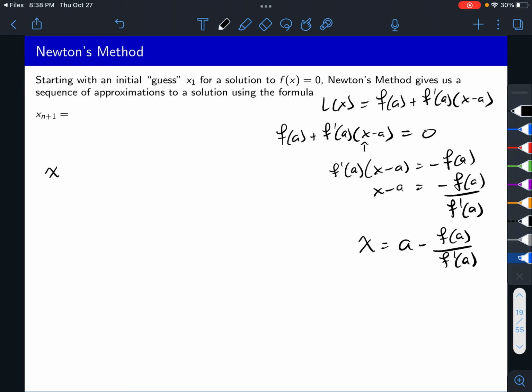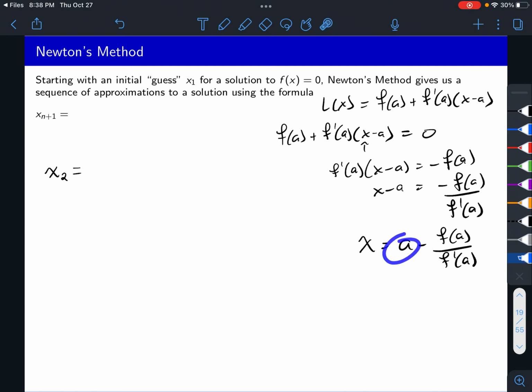And so if we start with an initial guess x1, then our x2 would be our next approximation. Our initial guess x1 is just a guess approximation, think of it like that. And then x2 would be our next approximation.